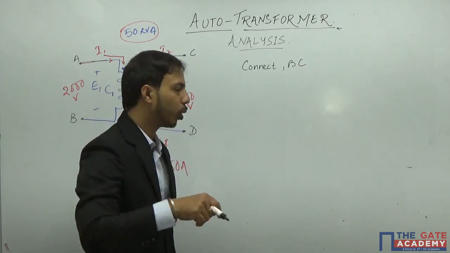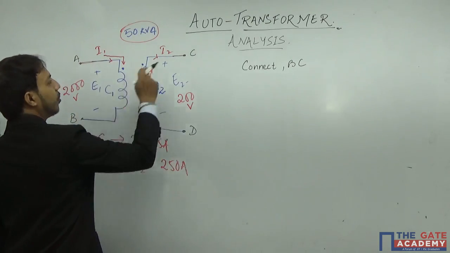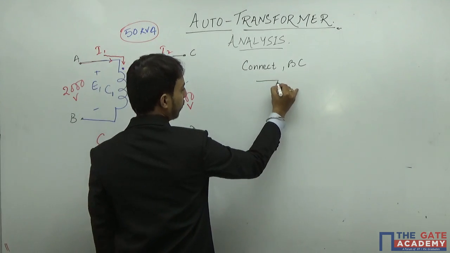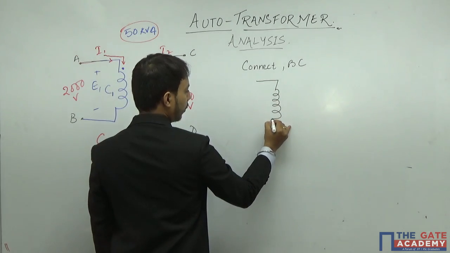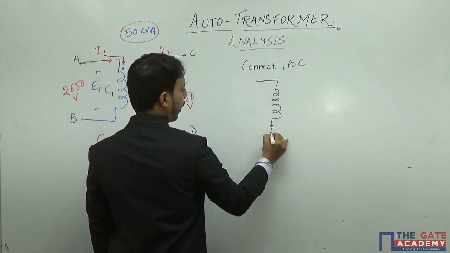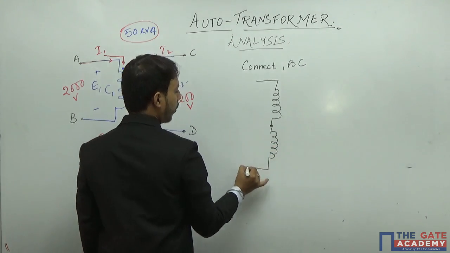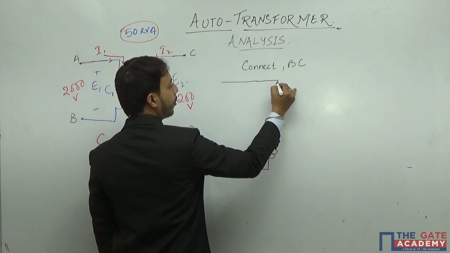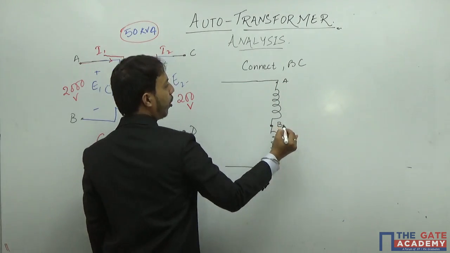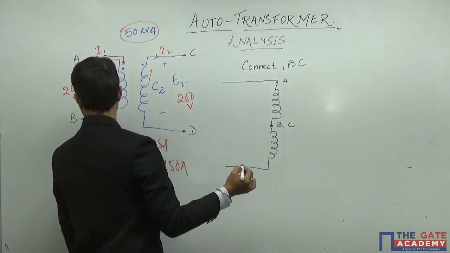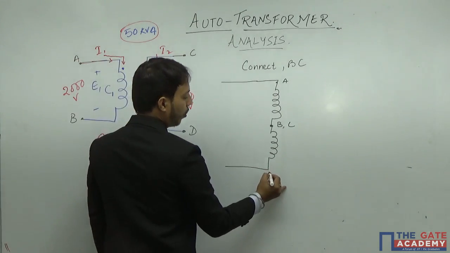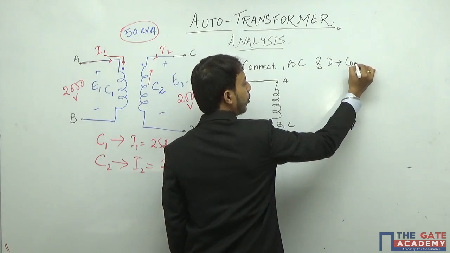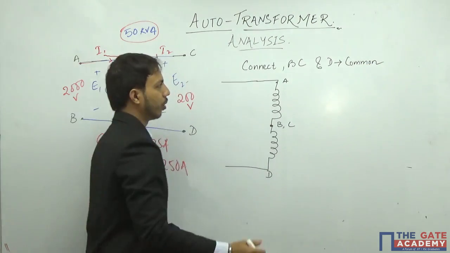Suppose I connect B and C, the output will be in such a way, this I have connected. Now say this is my A point, this is my B point, I have connected B with C, this is my C point, and this is my D point. Now what I have done is I have connected B and C and made D common.